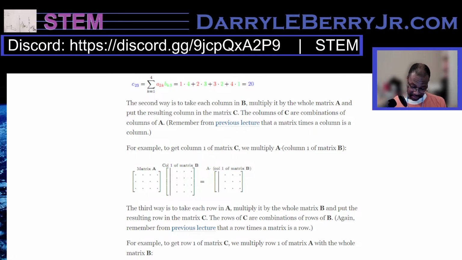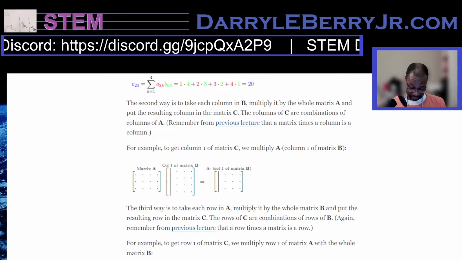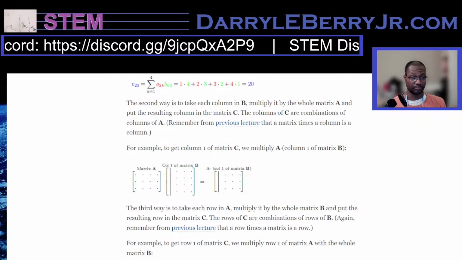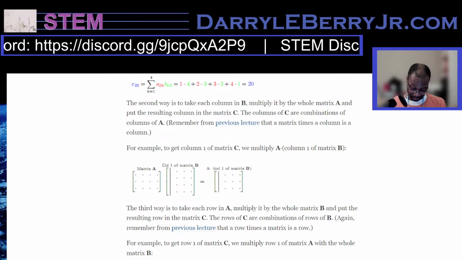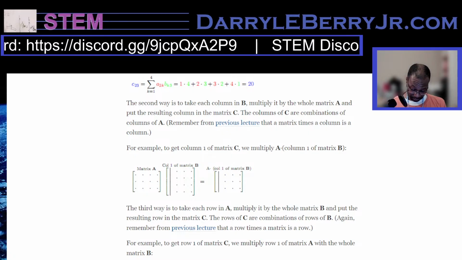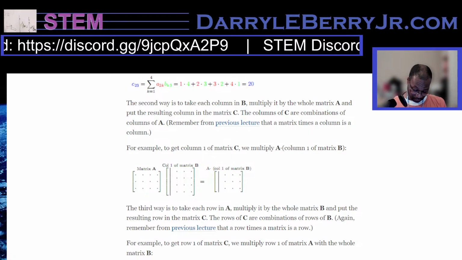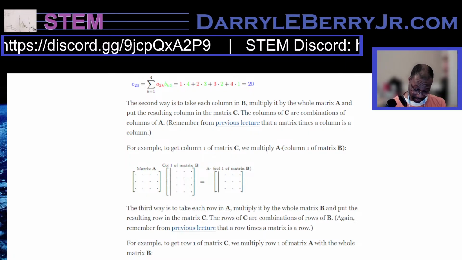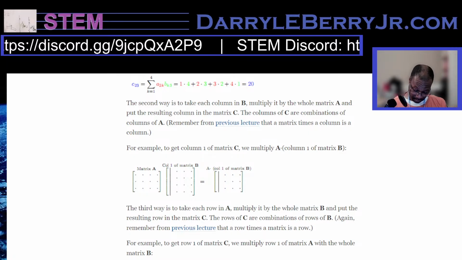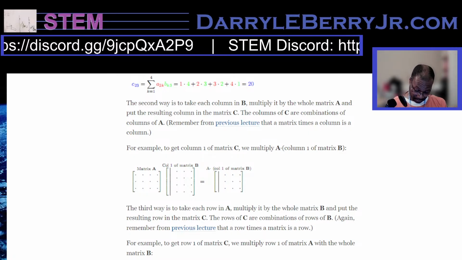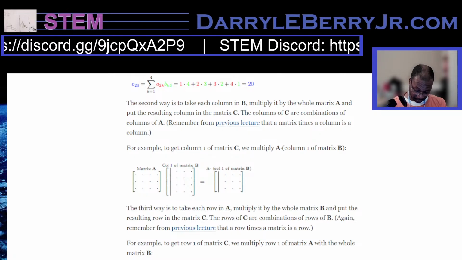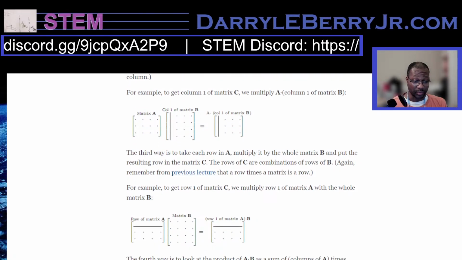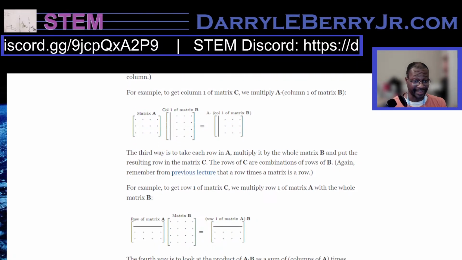So we call that the linear combination method. And this became this column here.